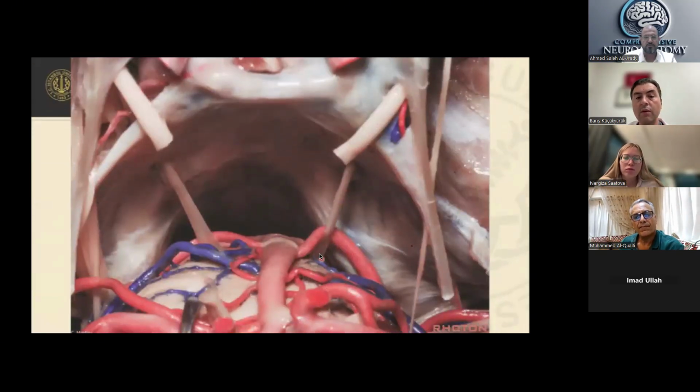And the abducens nerve then exits from the brainstem, like the third nerve and the fourth nerve, where it joins, you see here, the free edge of the tentorium. Also, the abducens nerve goes anteriorly and pierces the skull base dura to enter the skull base.